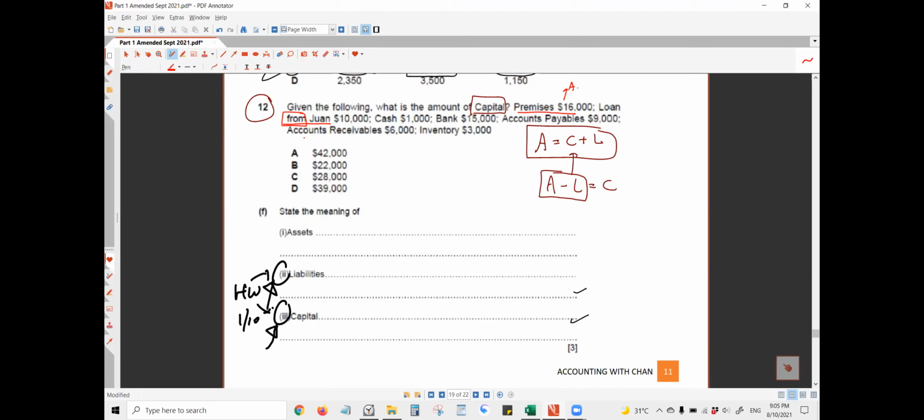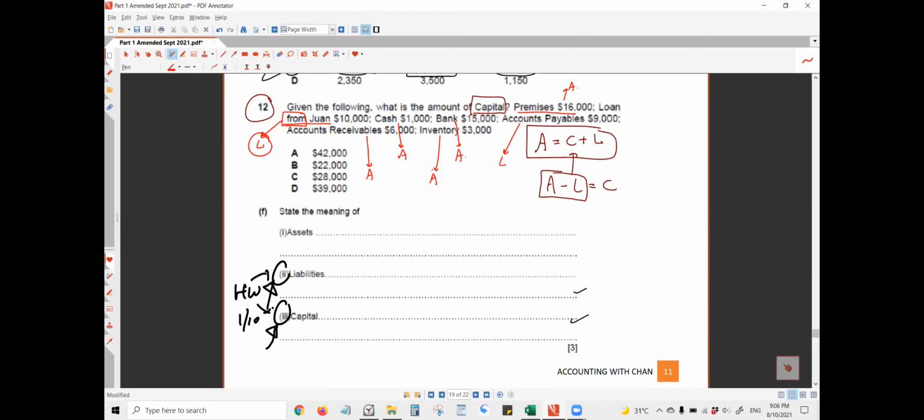Borrowing, liability. Cash, asset. Bank, asset. Accounts payable, the same item we saw just now, liability. Accounts receivable means the same as trade receivable, asset. Inventory, asset. Anybody wants to change your answer?